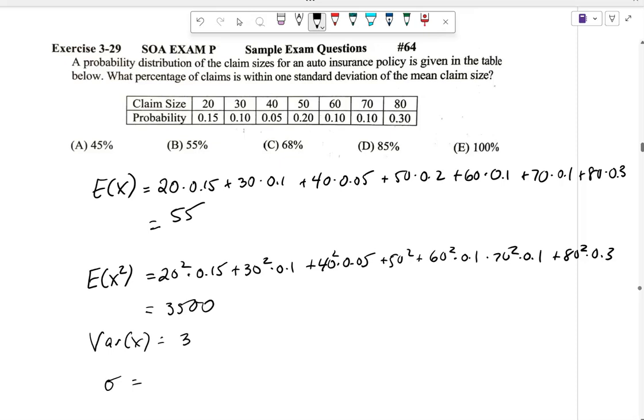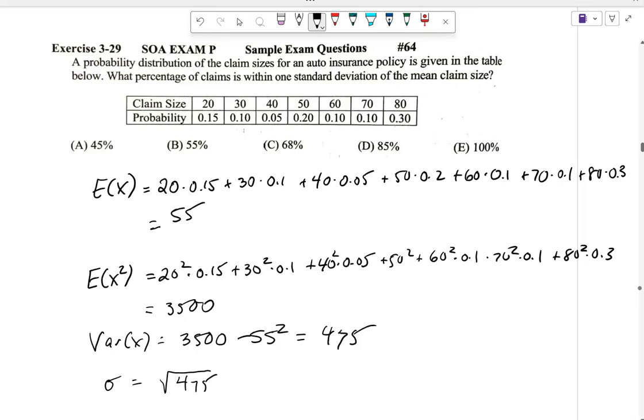So then the variance would be that 3,500 minus the 55 squared. $475. Okay. And then your sigma will be the square root of that.